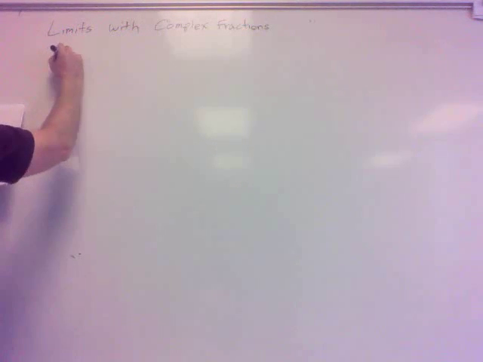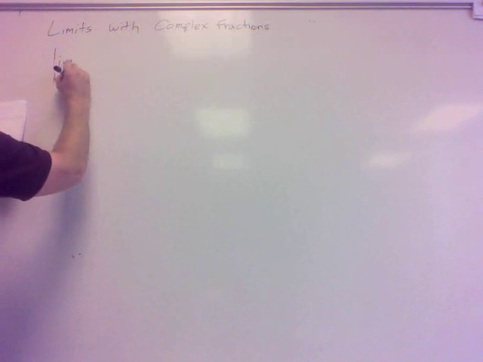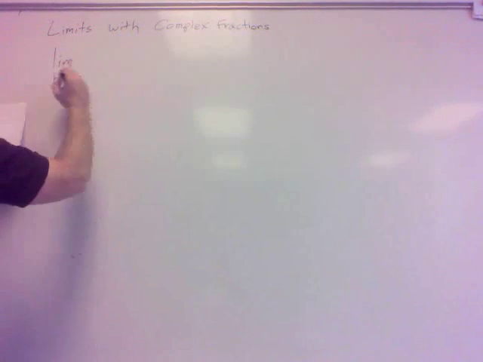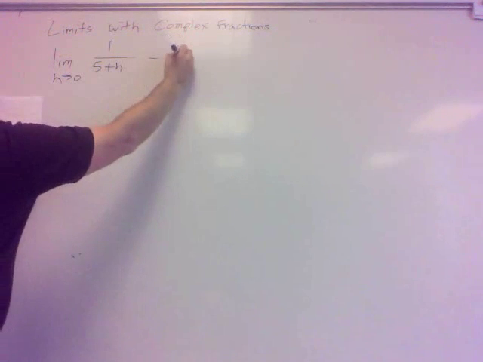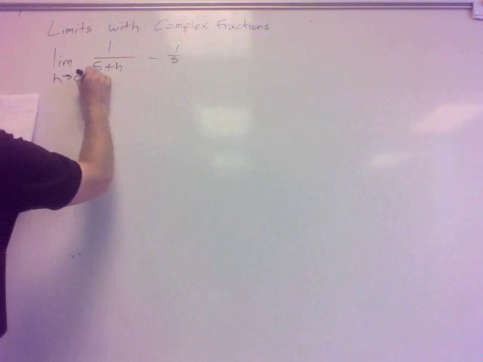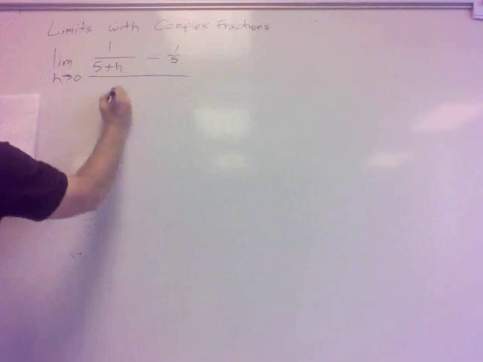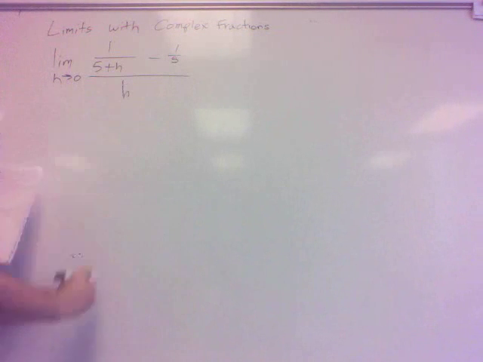Say I've got the limit as h approaches 0 of 1 over 5 plus h minus 1 over 5, which is a fraction, 2 fractions, but then I'm going to complicate it, make it a complex fraction, and put all of that over h. Complex fraction.